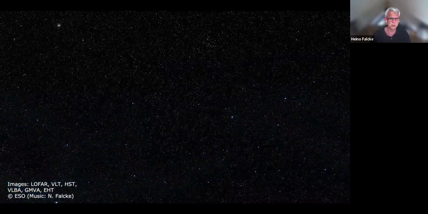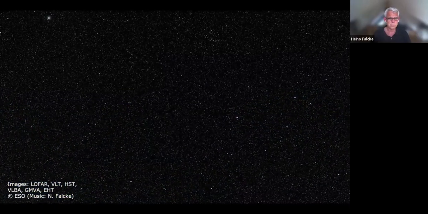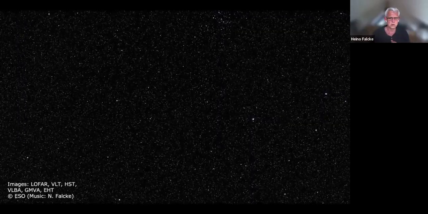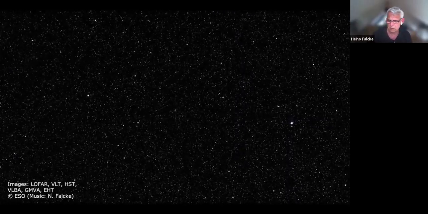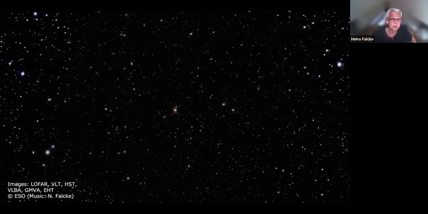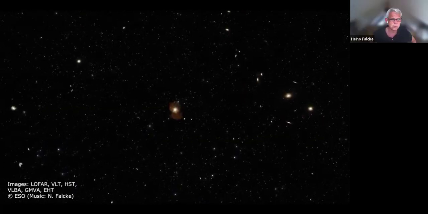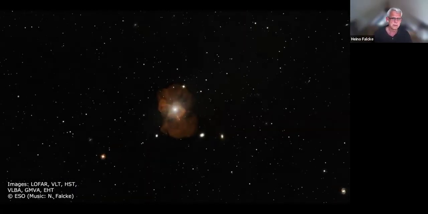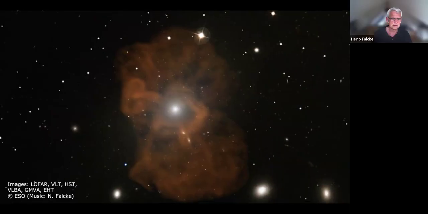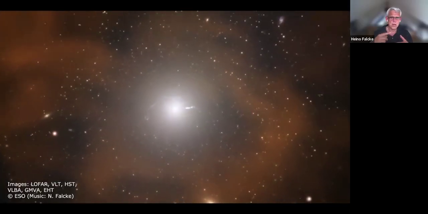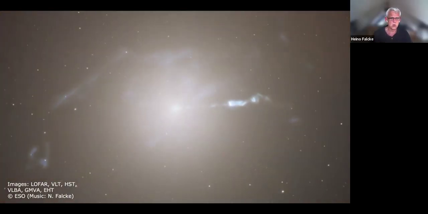We're zooming into Virgo from essentially the location of ALMA, and we zoom into the galaxy M87. You see this radio bubble there. And then we go to other images from other telescopes that give higher and higher resolution.